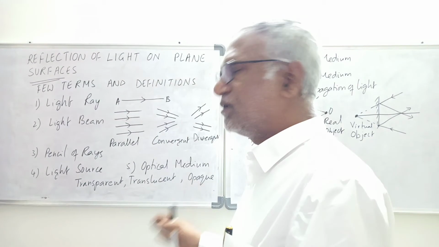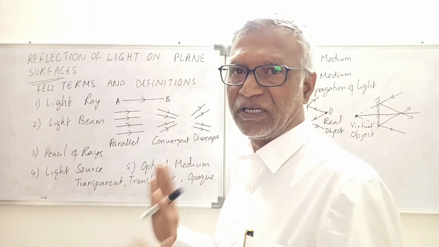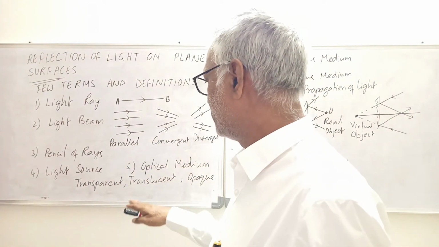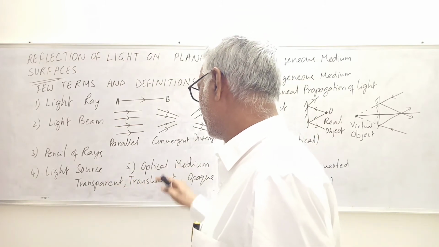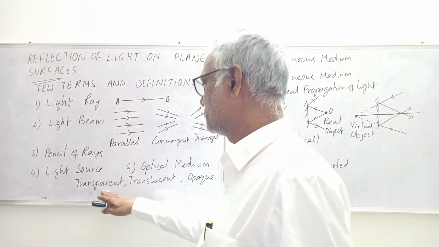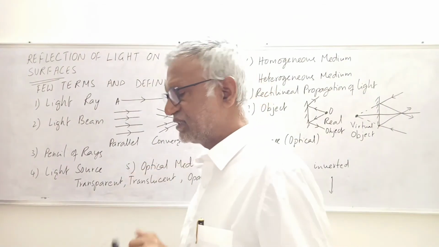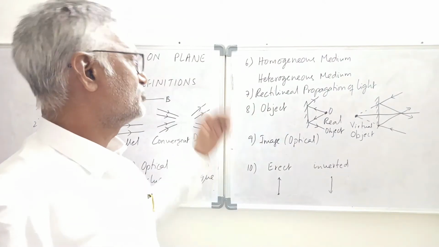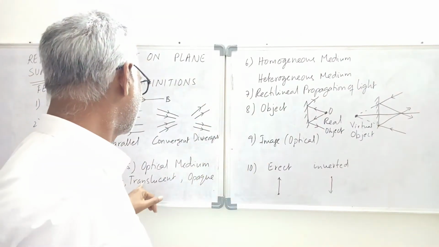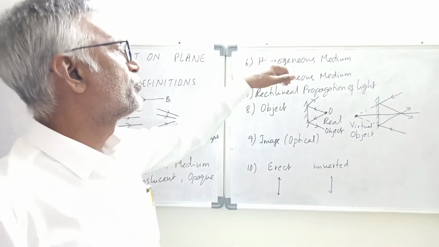Opaque means it will not allow the light at all. But we will be dealing with the transparent only. So optical medium means transparent medium. We are going to deal with the transparent medium only in the coming geometrical optics.